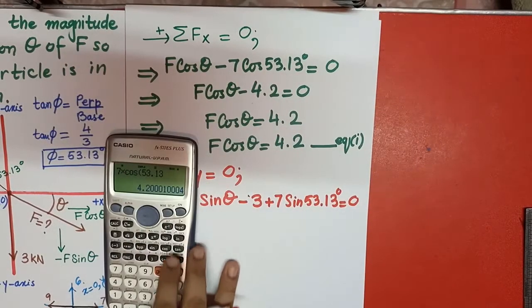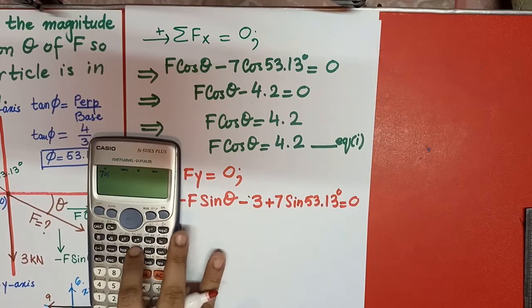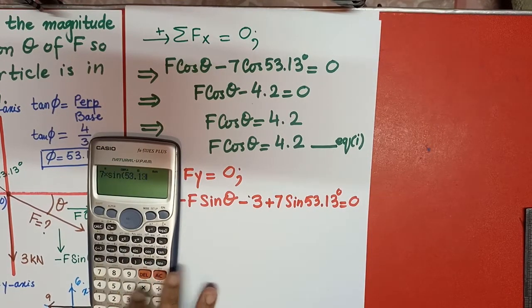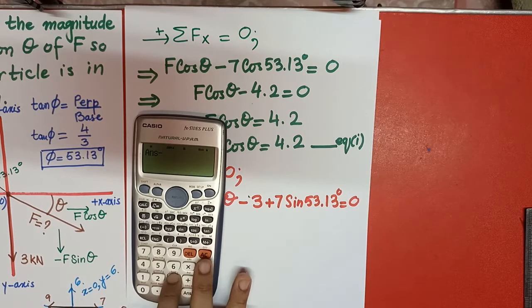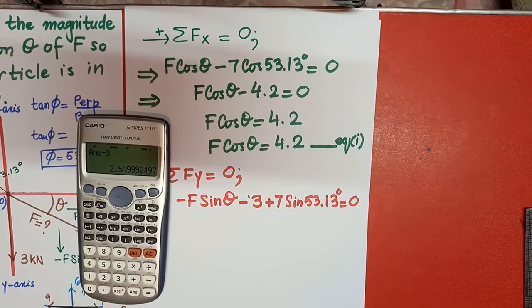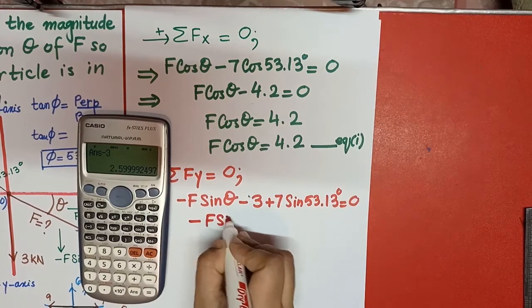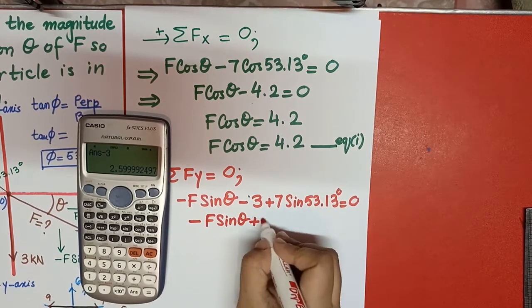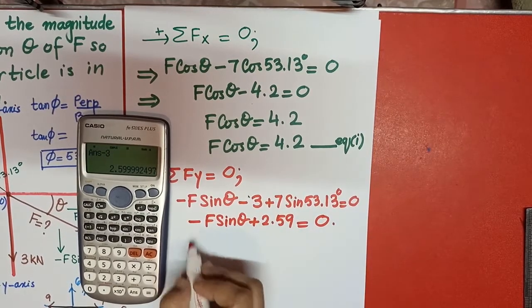So what I have to do over here: 7 into sine 53.13 degrees, and I subtract 3 from it, and I will get 2.599, around 2.6. So minus f sine theta plus 2.599 equals 0.